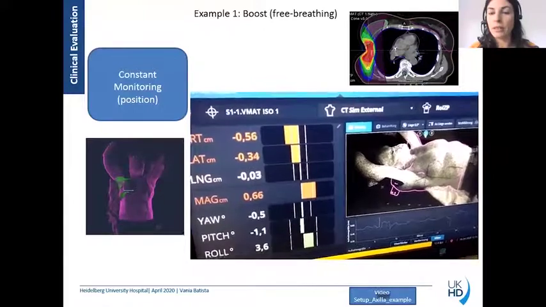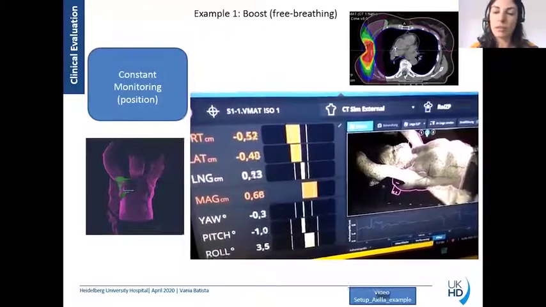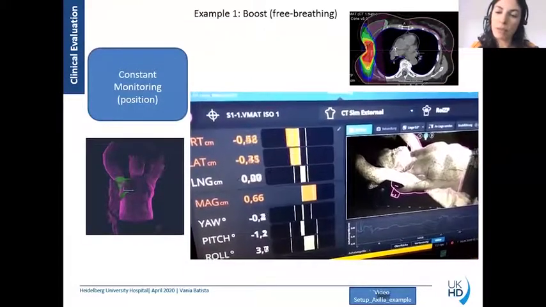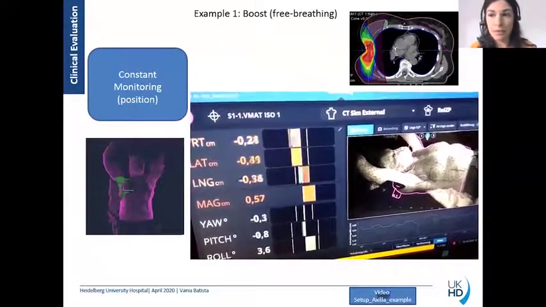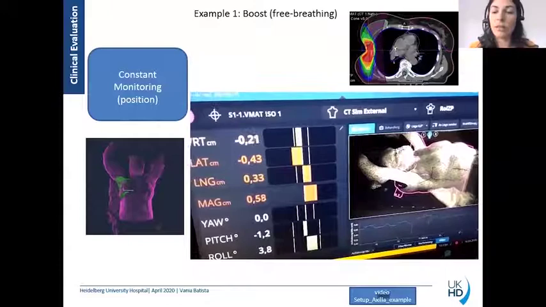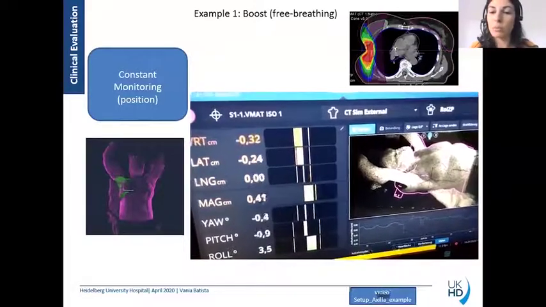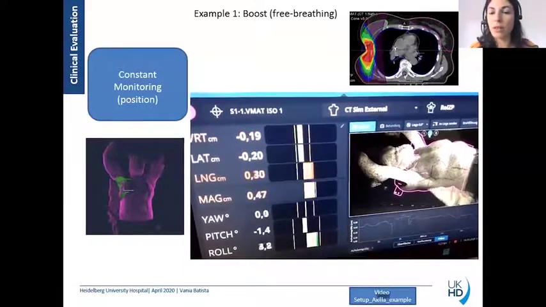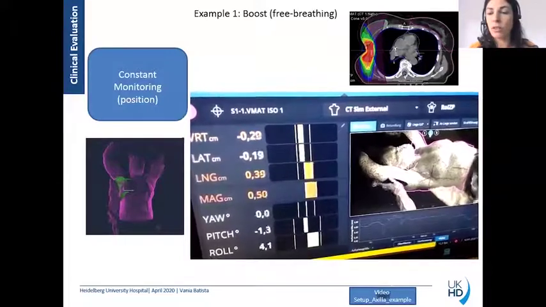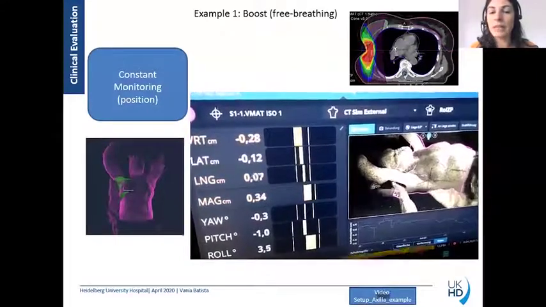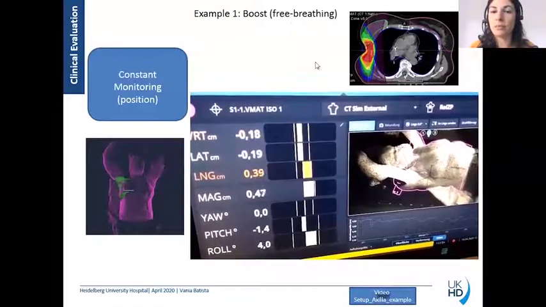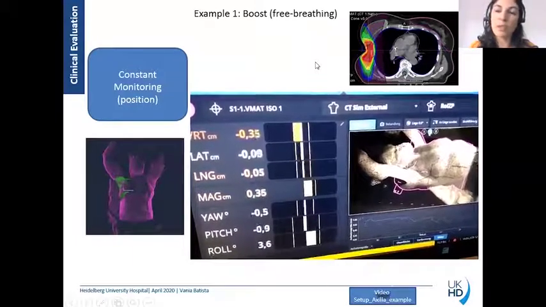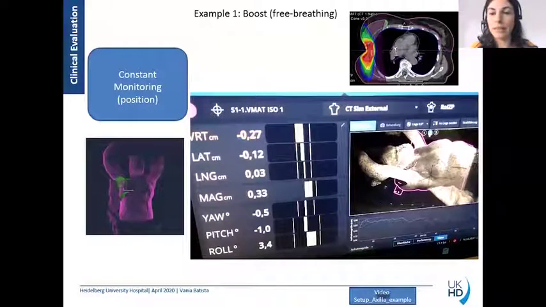The RTT looks at the information on the screen, looking for the pink lines that are the planning CT reference, and then you can make all the small adjustments, couch adjustments, rotations of the arm, everything that is necessary to treat the patient with the best match between the current position and the planning CT.